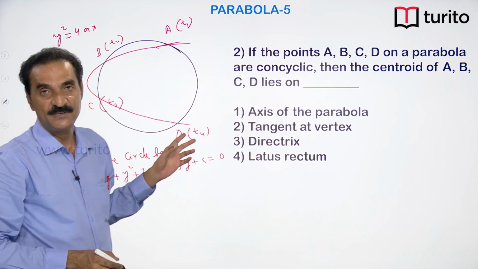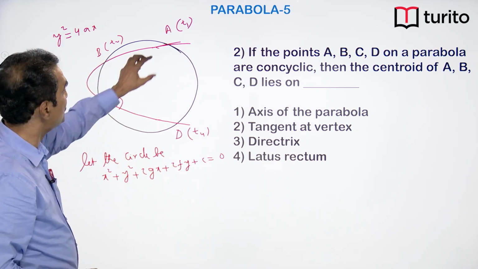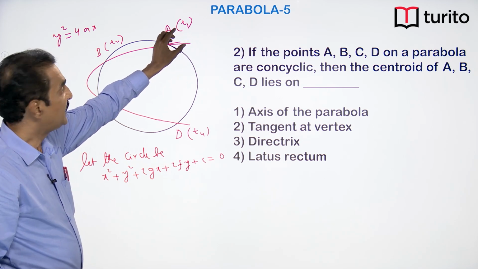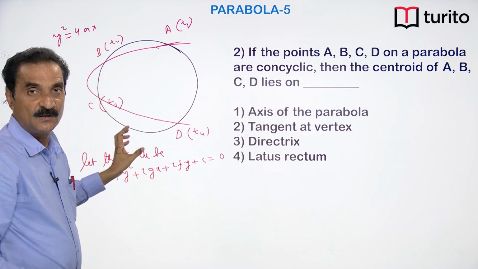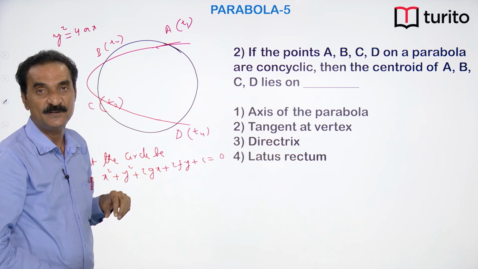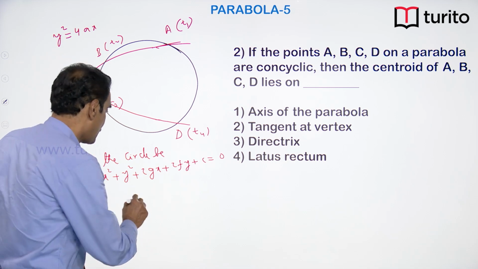The circle passes through ABCD. There are four points on this circle which are in the form of (at square, 2at). This is (at1 square, 2at1), this is (at2 square, 2at2) and so on. So, I will substitute (at square, 2at) in this equation.